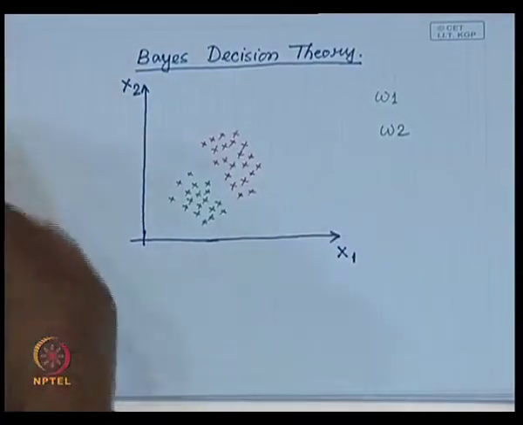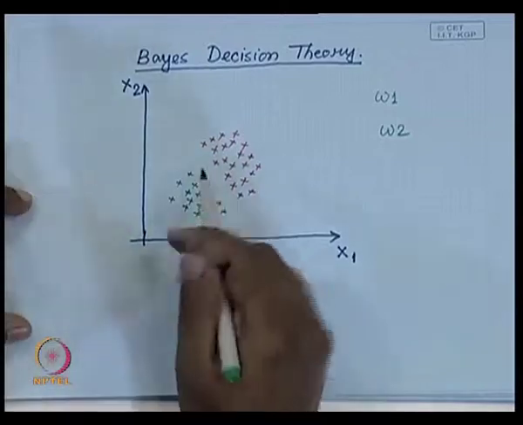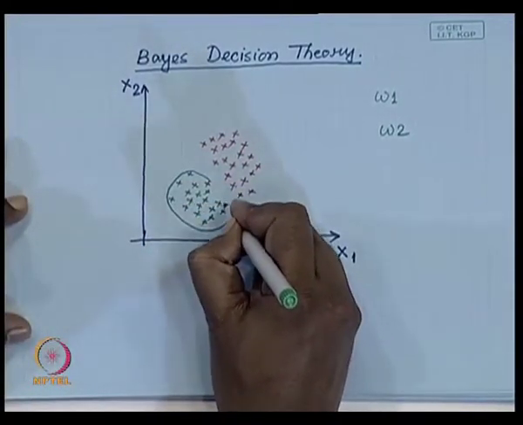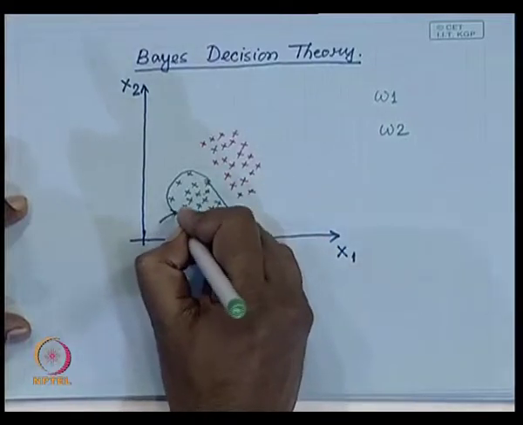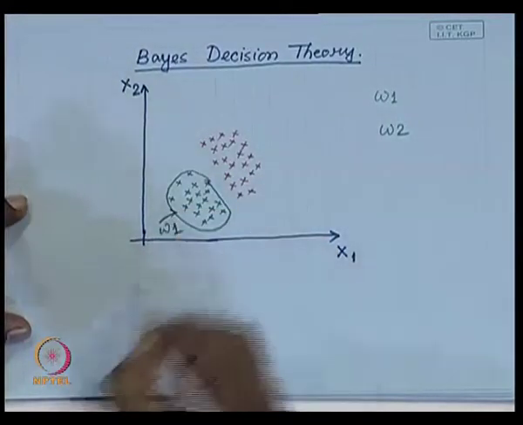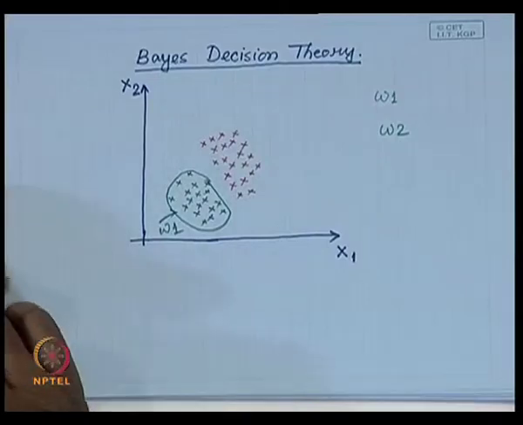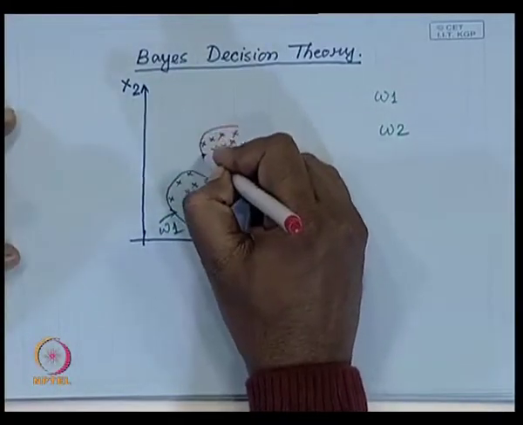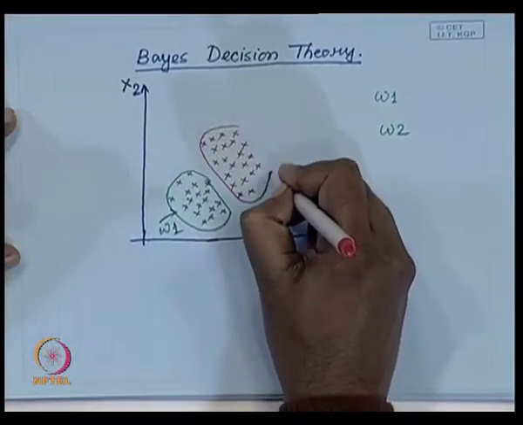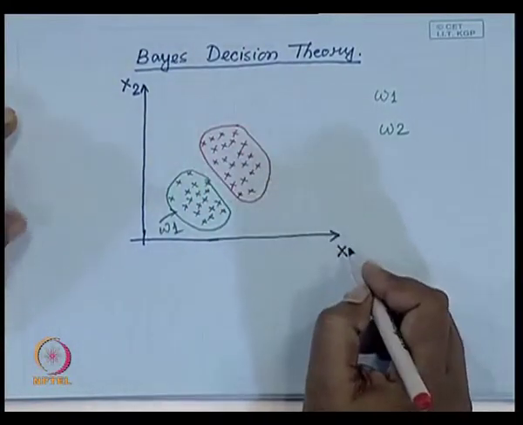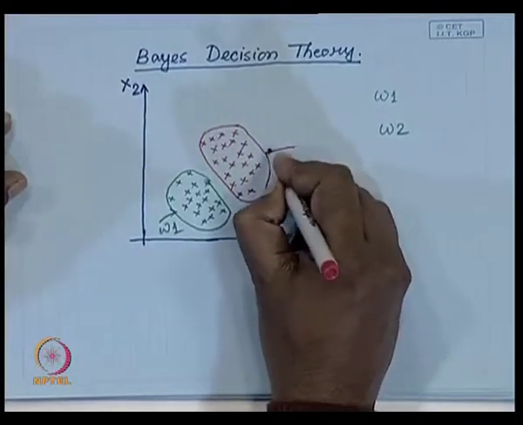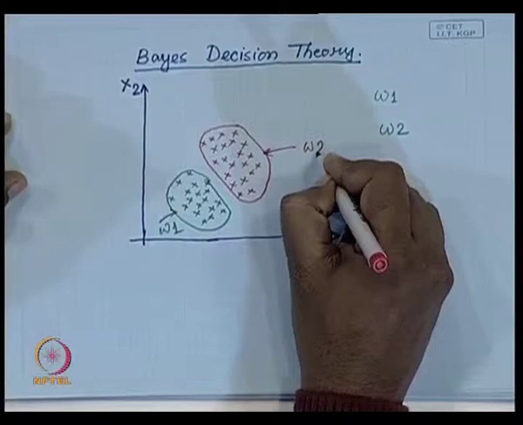So, this is the set of points corresponding to feature vectors taken from class omega 1, okay, and this is the set of points representing feature vectors corresponding to the patterns taken from class omega 2.